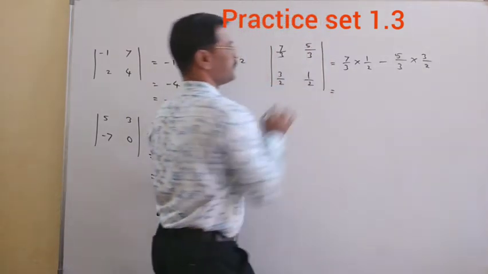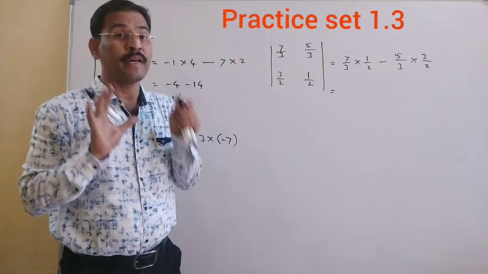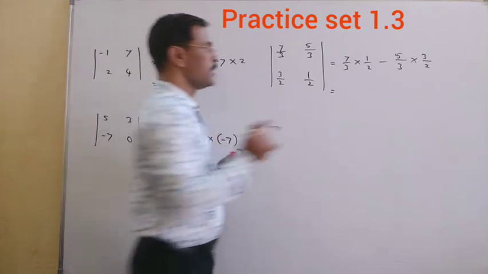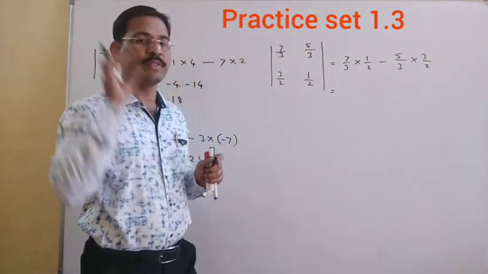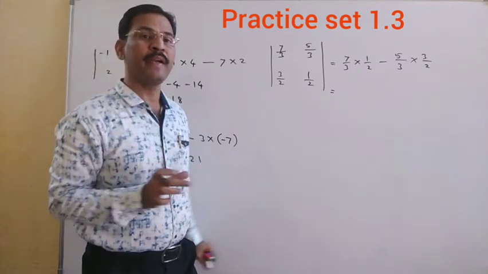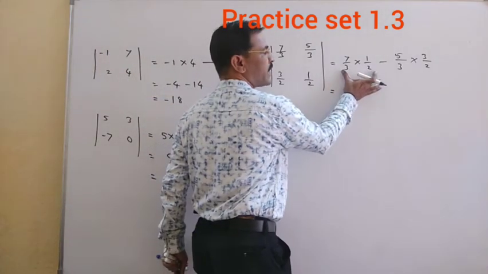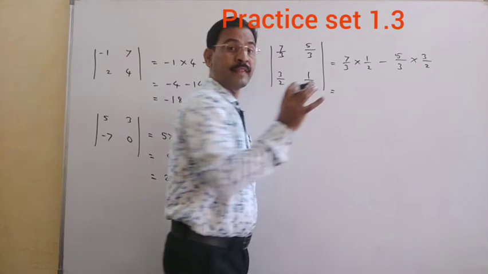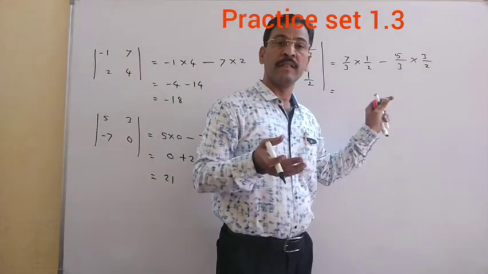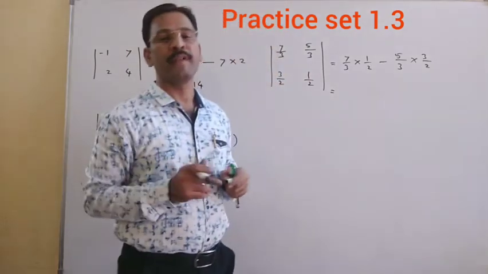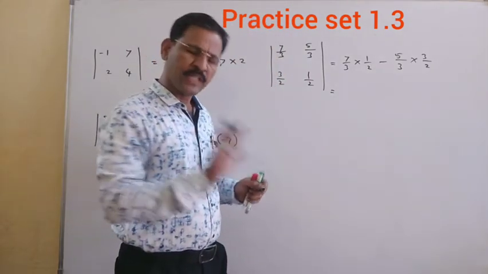What will you get here? Here, give some concentration. We can cancel 3 with 3, but wait and observe. The denominators of both terms are 6 and 6, which means they are already the same. If we make these cancellations, then we have to make the denominators the same again. That is why we just keep it as it is.